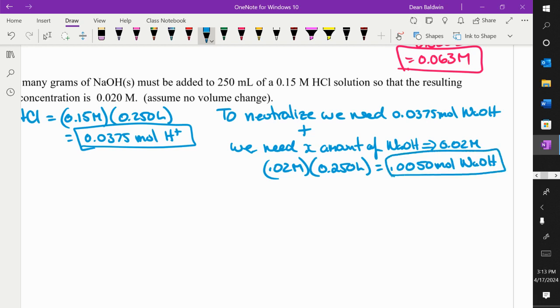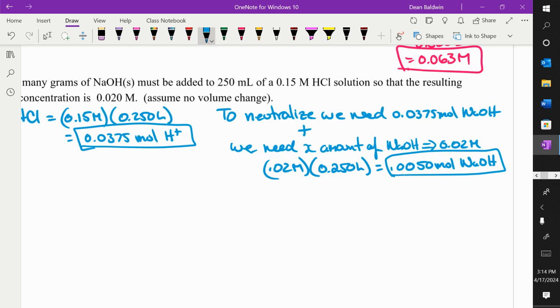So if I just have pure water and I add 0.0050 moles of NaOH, that'll produce a concentration of 0.02 molar. Okay? But we also had to add in enough NaOH to neutralize the HCl.